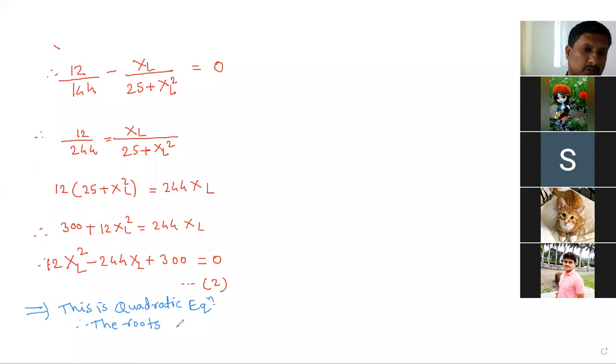The roots of equation 2 are 19.01 and 0.018. So one becomes 19 and another becomes 1.31. So XL is 19 ohm and the second XL is 1.31. Is that correct? So we got XL now.